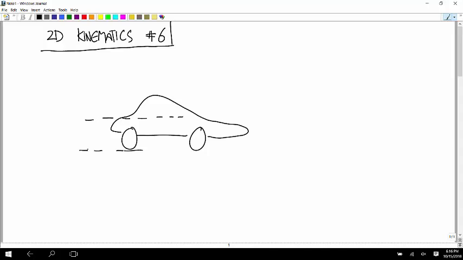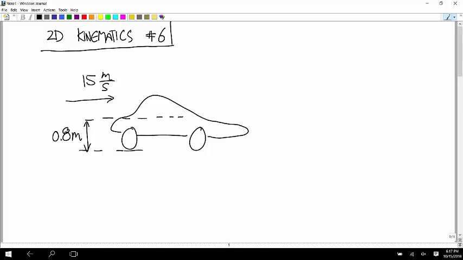The height of the window is 0.8 meters, and the car is moving 15 meters per second. The object's held out the window, and then let go.